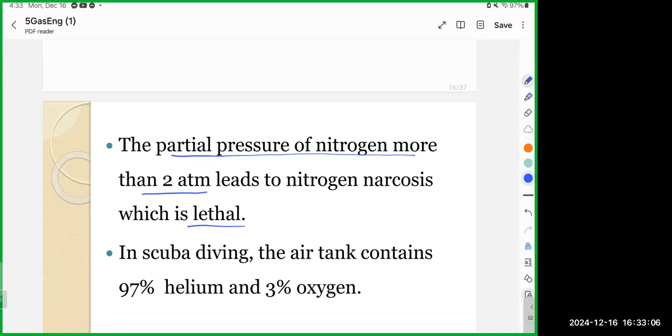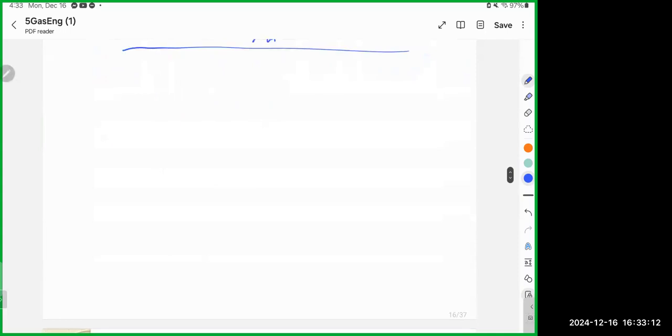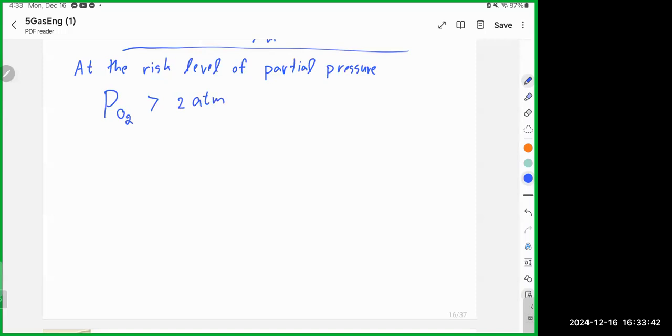So if you see here, at the risk level of partial pressure for the oxygen, P of O2 larger than 2 atm is dangerous, and P of nitrogen larger than 2 atm is dangerous.